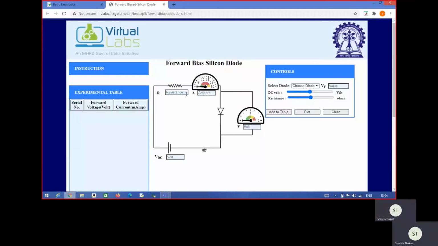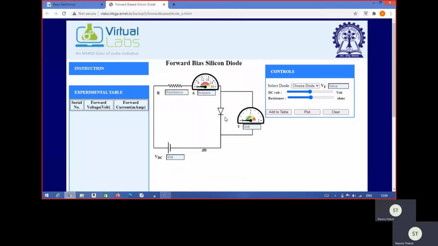In series we have connected a current limiting resistor, and here we have employed a milliammeter that is connected in series with the diode and a voltmeter that is connected parallel to the diode.